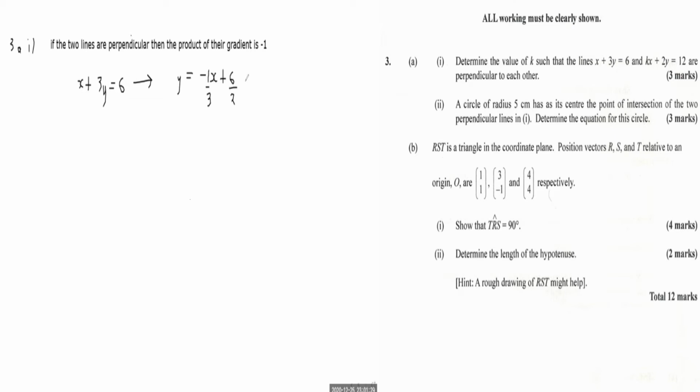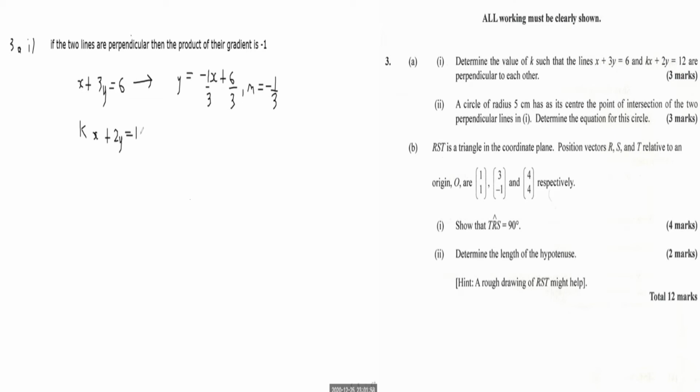And so the gradient m for this line is -1 over 3. All right. Now the next line that they give is kx plus 2y equals 12.